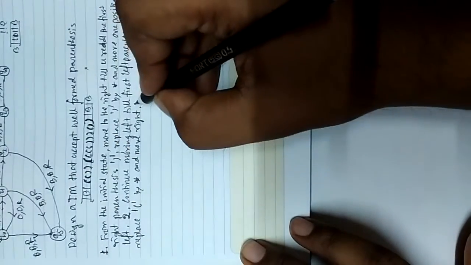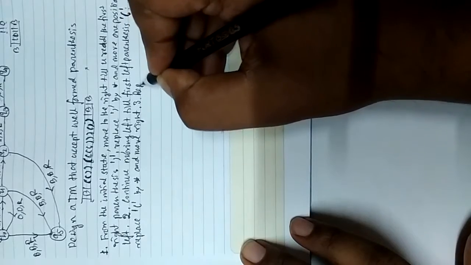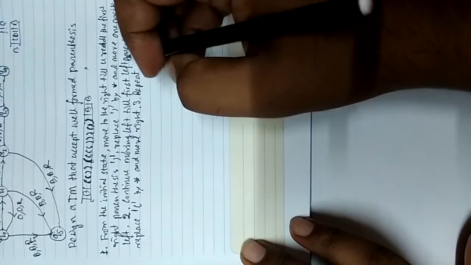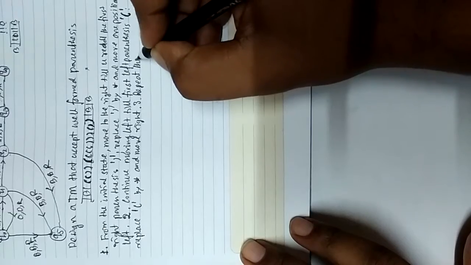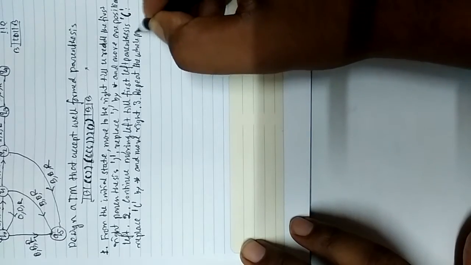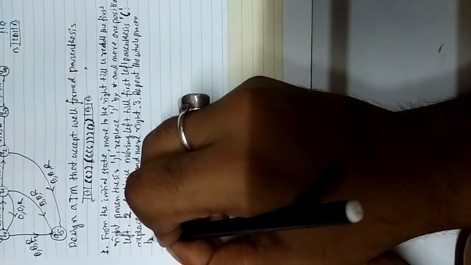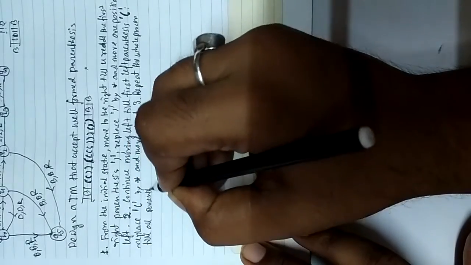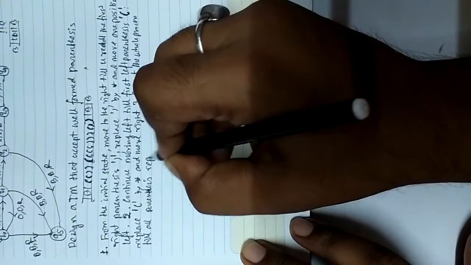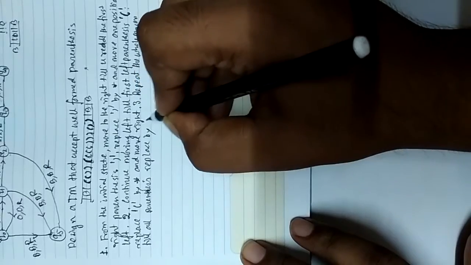Next, number 3 will be: repeat the whole process till all parentheses are replaced by star.